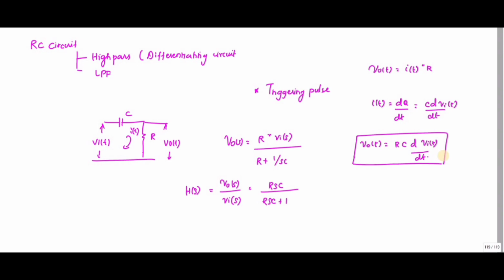Now let us come to this point. If I substitute H of F, I can write it as R of j omega C divided by j omega C plus 1. Instead of omega I can write 2 pi F, right?